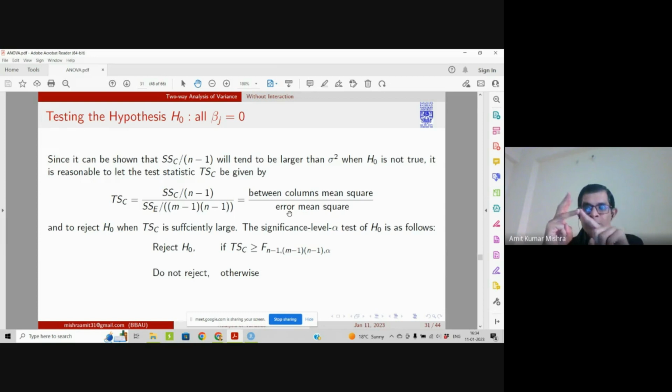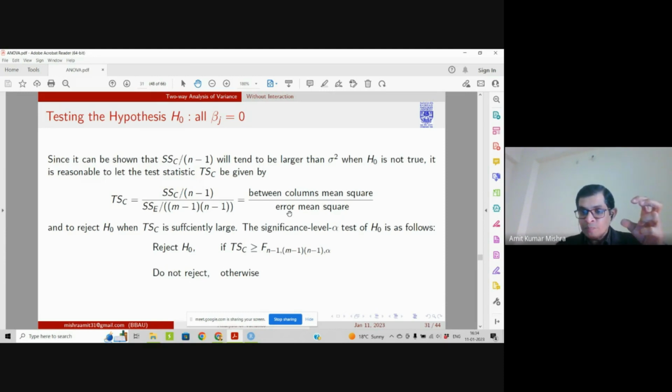The first and second may overestimate sigma square depending upon whether the row factor is significant or not, whether the column factor is significant or not. So we are just taking the row factor variability divided by error, then the column factor variability divided by error. That means we are comparing the variability with error.